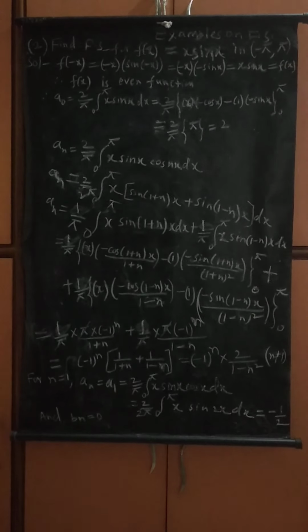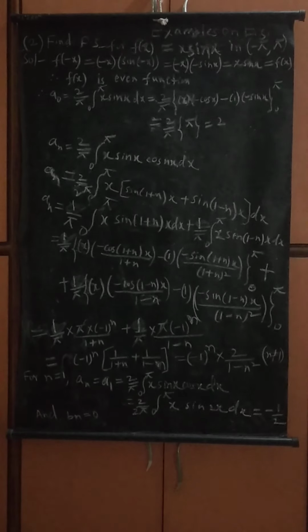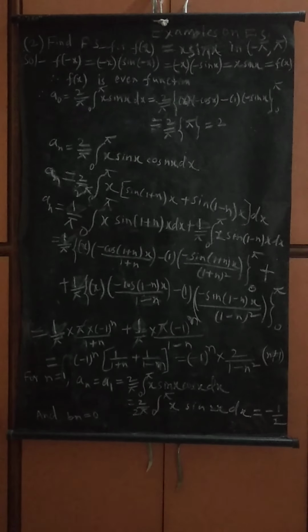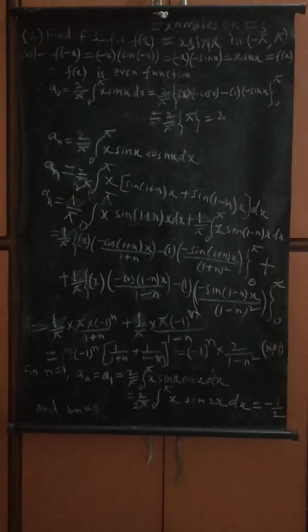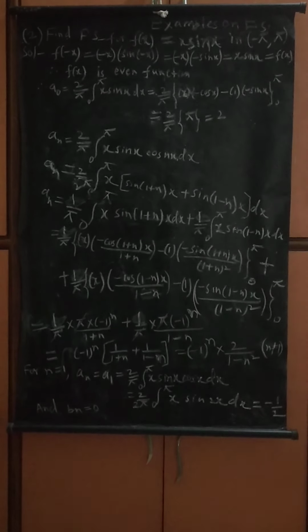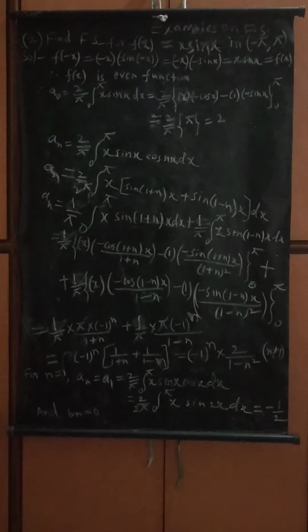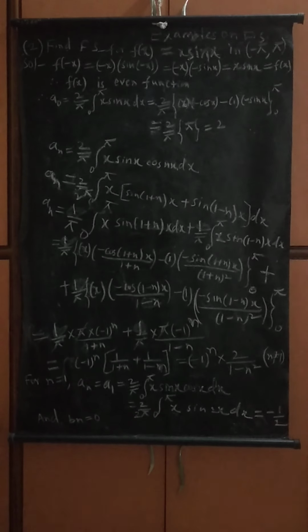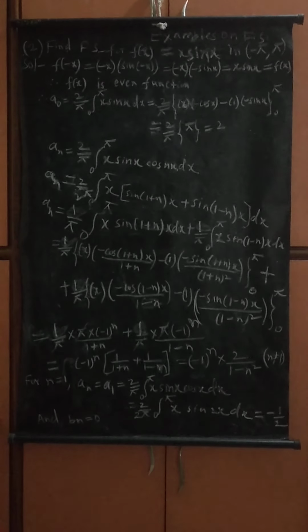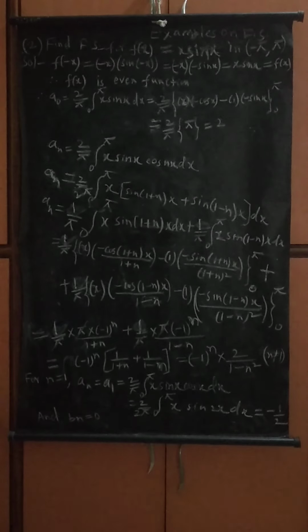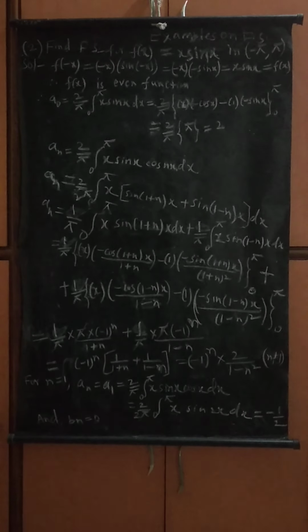Minus 1 raised to n is common. So an is equal to minus 1 raised to n into bracket 1 upon 1 plus n plus 1 upon 1 minus n. After simplification, this gives minus 1 raised to n into 2 upon 1 minus n square for n not equal to 1.